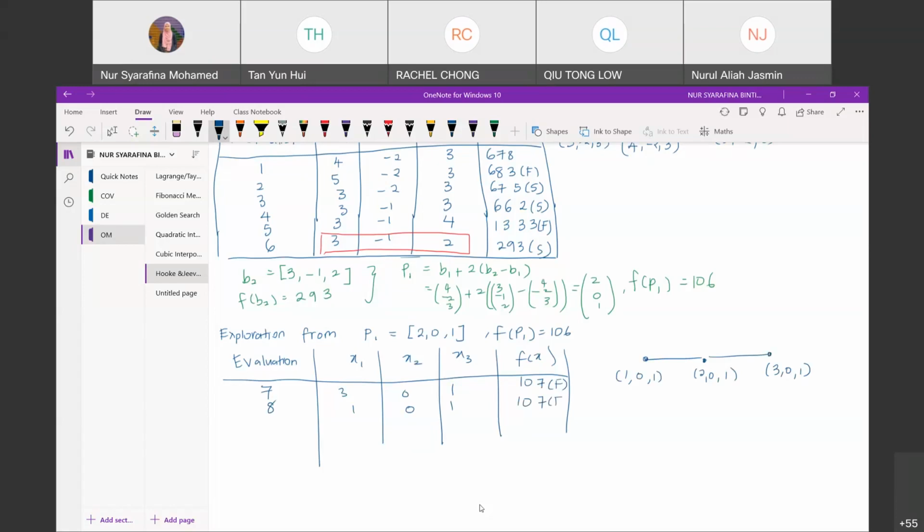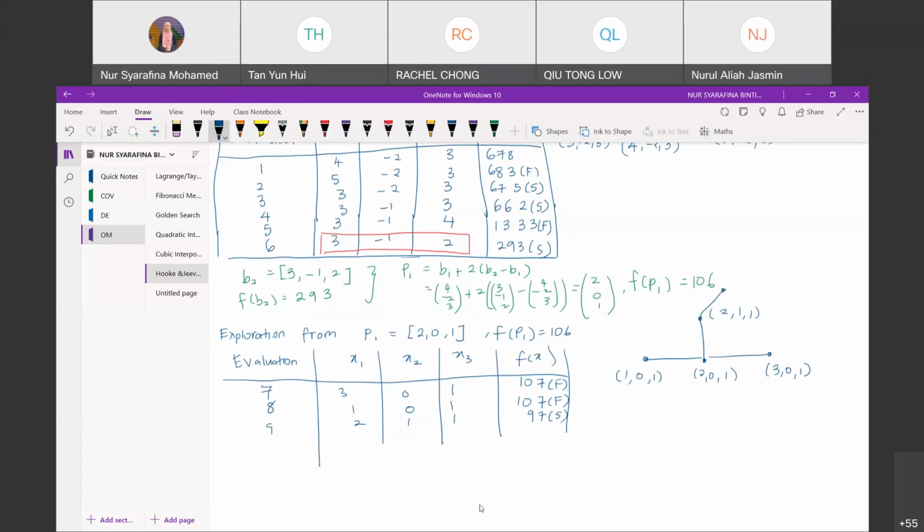Still a fail. And then we move upside, which gives you (2, 1, 1). At (2, 1, 1), the function becomes 97, which is a success. No need to go down. Then move to the front.